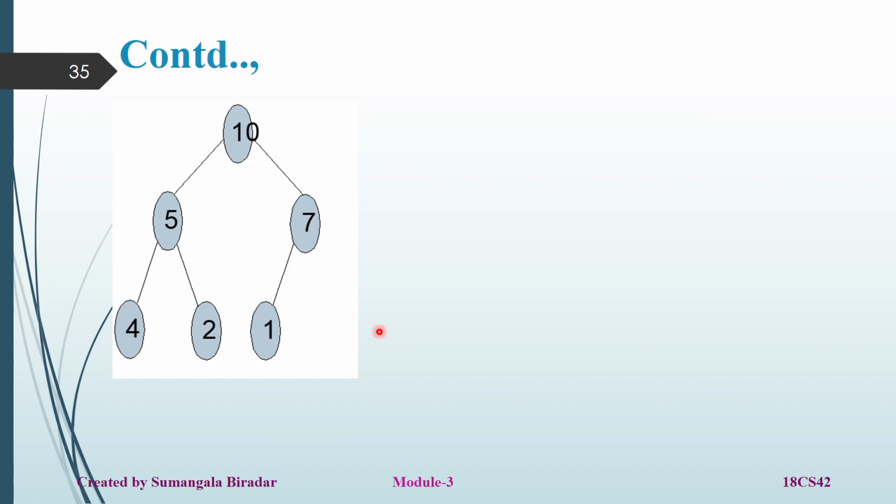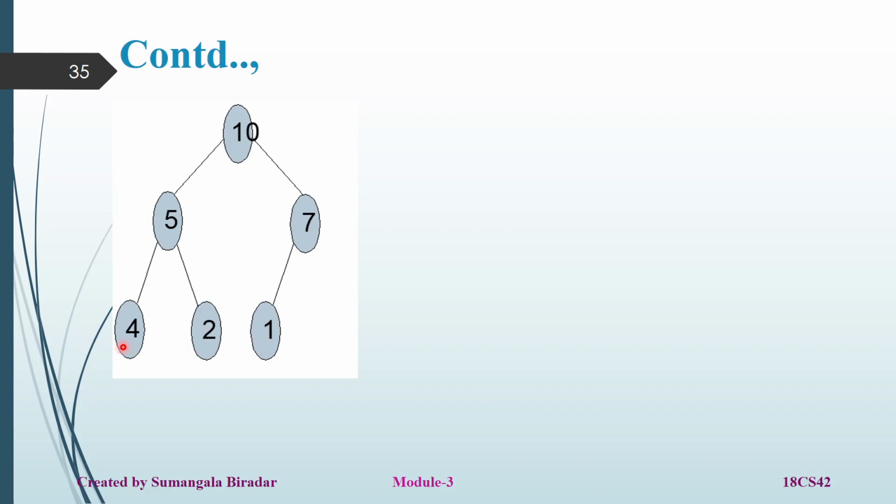If it is missing, you can call it essentially complete. The first criterion is fulfilled. Next, this is the parent node for this child node, and this we call the key. So what is the key now? The parent key is 7 and the child key is 1, and 7 is greater than 1.